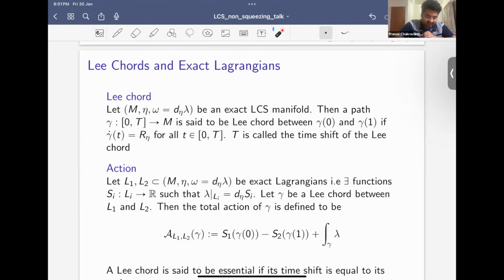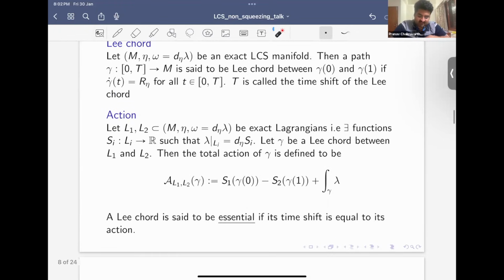If you have an exact LCS manifold (M, eta, omega), and omega is the twisted differential of a Liouville form lambda, then a path from 0 to T into M is said to be a Lie chord if the tangent vector of that path everywhere is the Lie vector field. And the time that you flow along the path is called the time shift of the Lie chord.